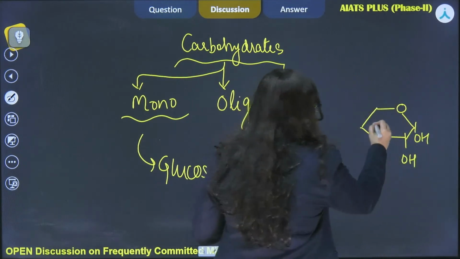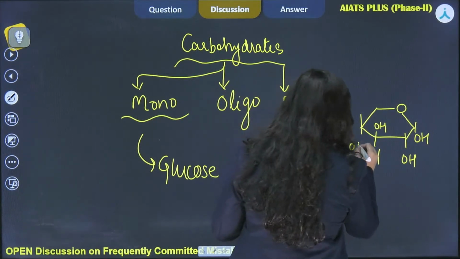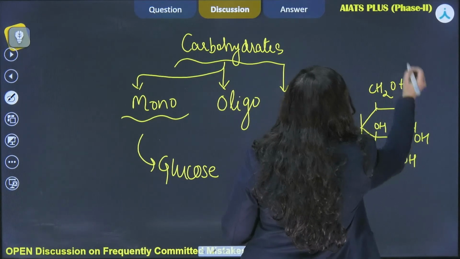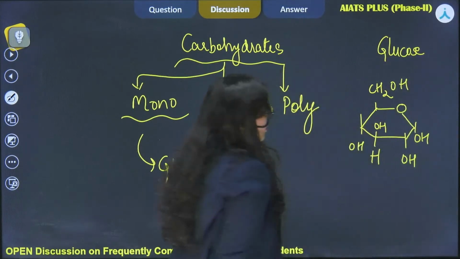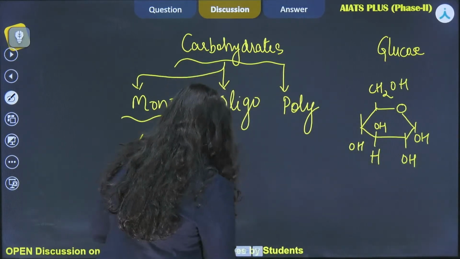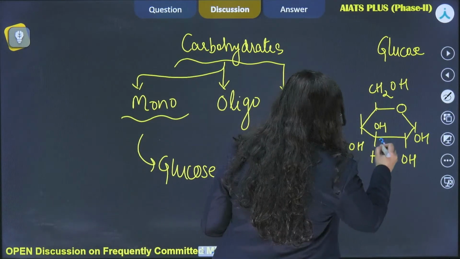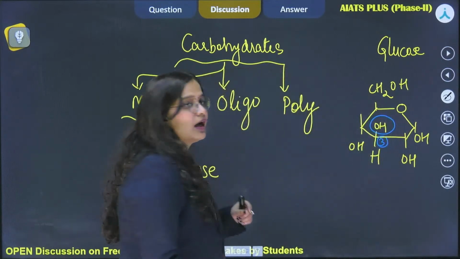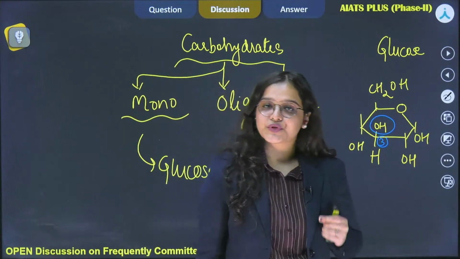Let me draw the structure of glucose for you. So here you can see the structure of glucose. In this structure, on the 3rd carbon molecule, you can see that we have a free carbonyl group which can act as a reducing agent.